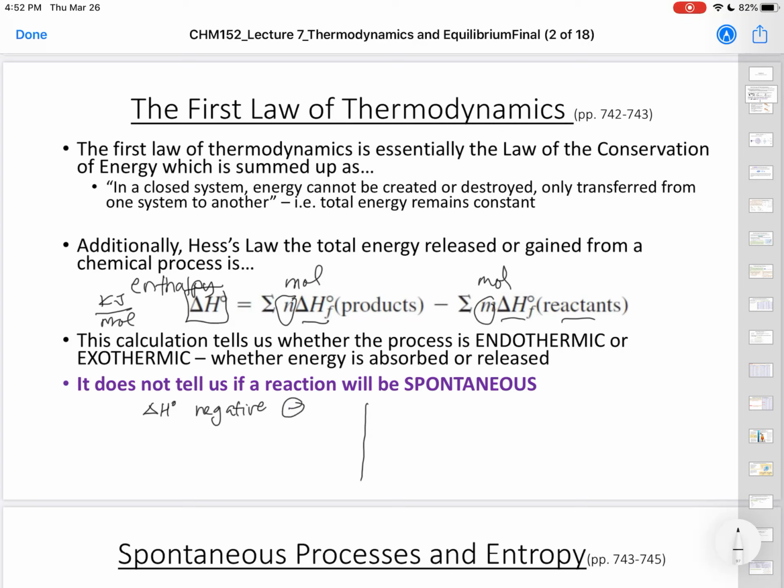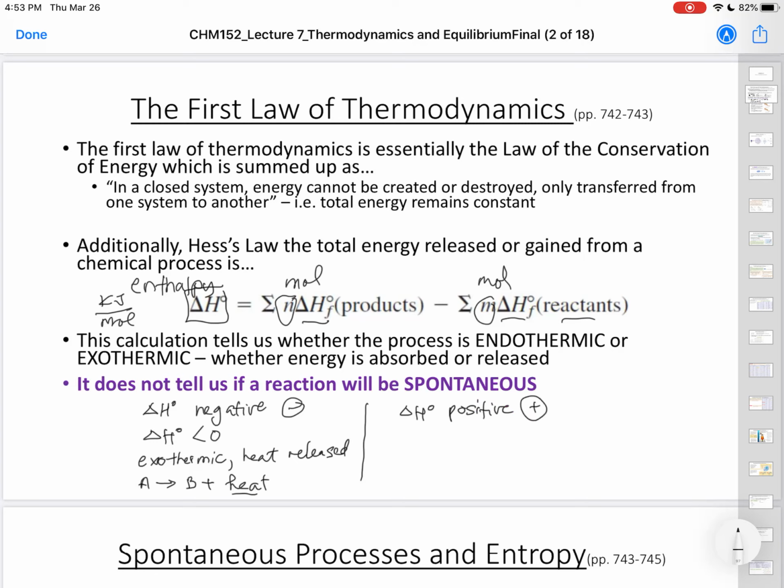If your delta H is negative, i.e. less than 0, we say it is exothermic. Remember that in exothermic processes heat is released, and is a product. So thinking back to Le Chatelier, if it's exothermic, that means if you have A gives you B, heat is a product on the right-hand side of the arrow.